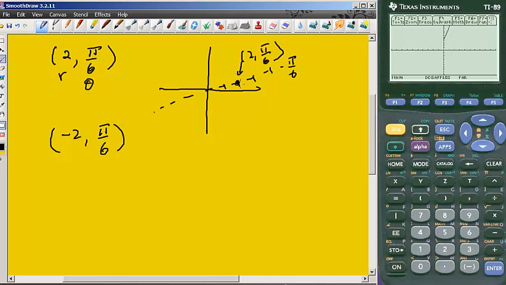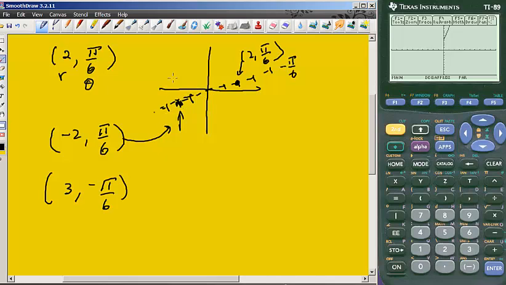Now let's say they want you to plot negative 2 comma pi over 6. You go to the same pi over 6 line, but instead of going to the right, you go to the left 2 units, and that point is negative 2 comma pi over 6. Let's do one more: 3 comma negative pi over 6.